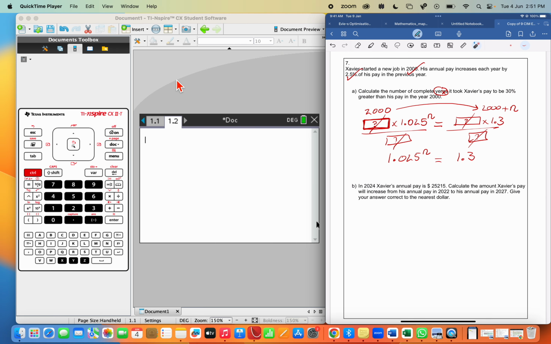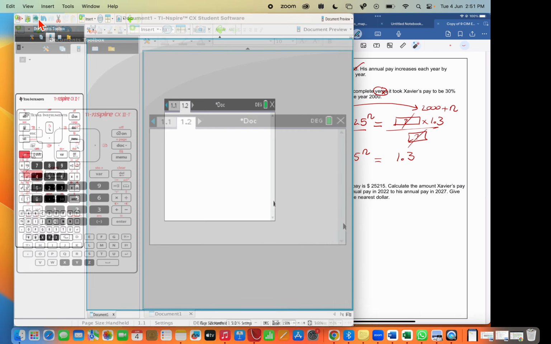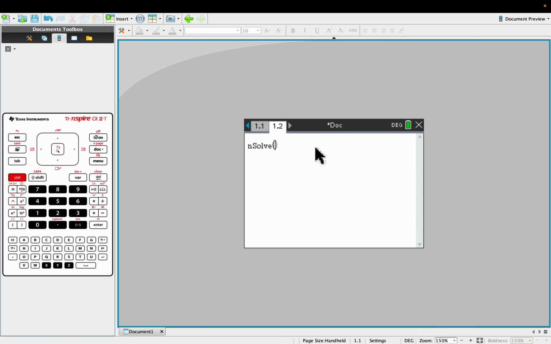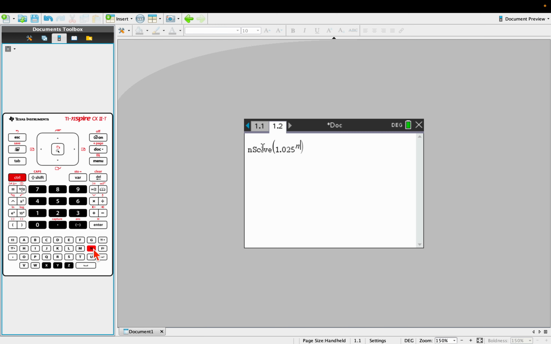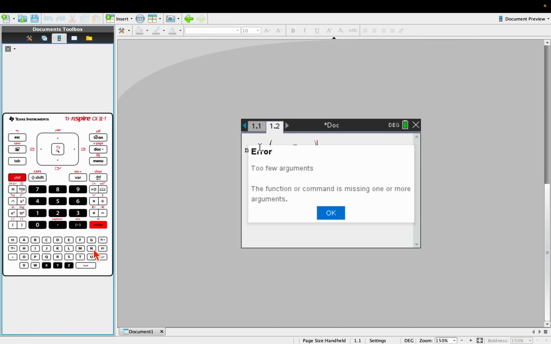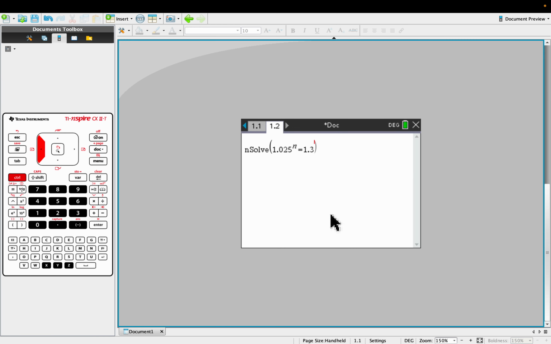So get out your TI Nspire, and then menu, algebra, numerical solve, and just type in the equation. It's 1.025 to the exponent n, and that's equal to 1.3. And when you try and solve it, enter, it says too few arguments because the calculator needs you to tell it, comma, n. It likes to know which variable you're solving for.